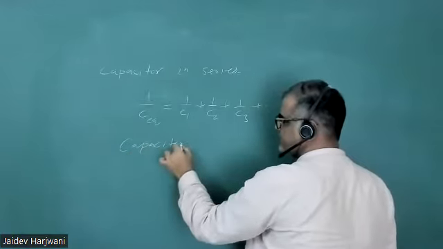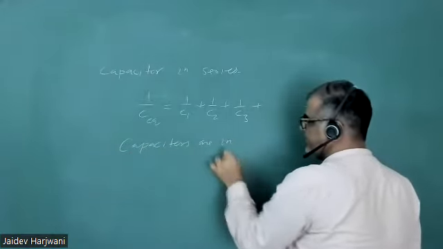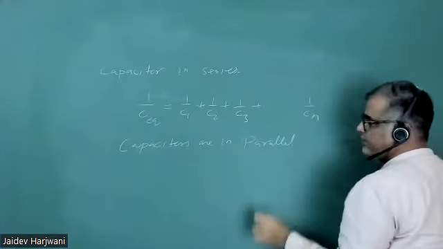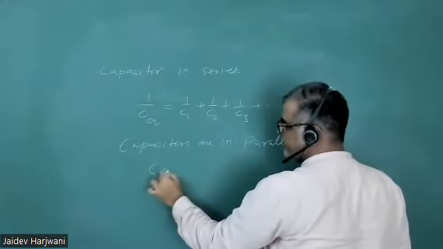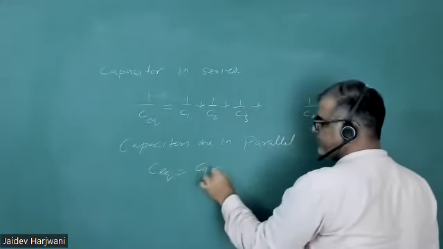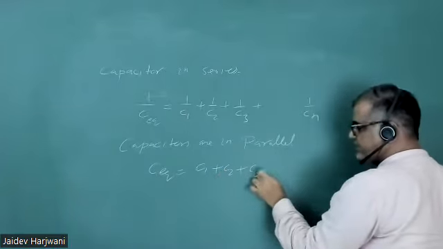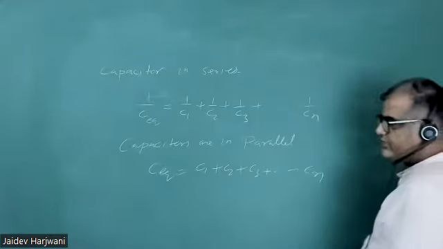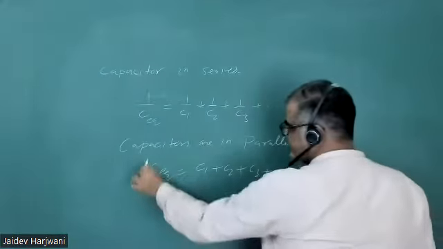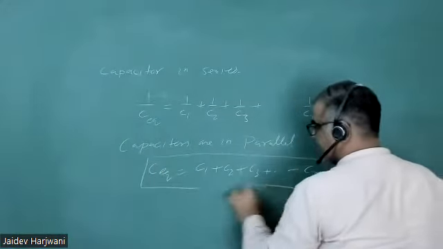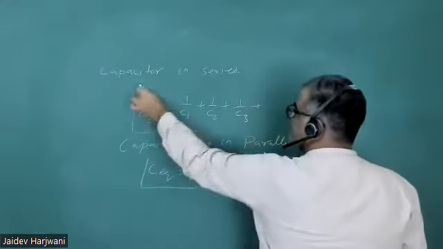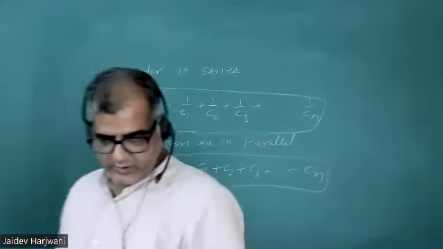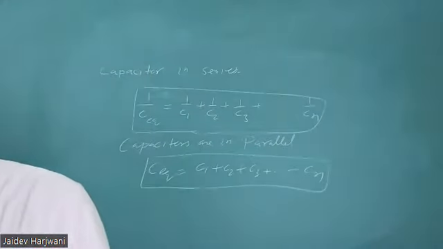When capacitors are in parallel, C equivalent equals C1 plus C2 plus C3 plus Cn. So it is opposite to resistance: capacitors in parallel add like resistors in series, and capacitors in series add like resistors in parallel.